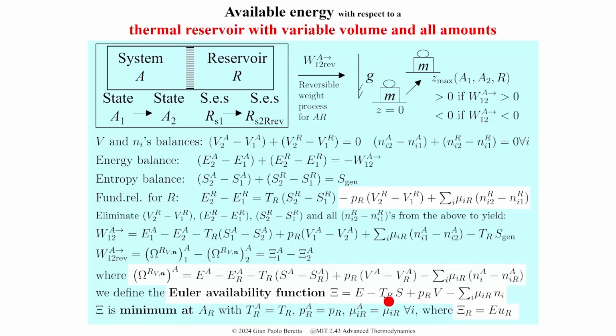So this is E minus TR S plus PR V minus mu R n. This availability function is defined for all states, equilibrium and non-equilibrium.